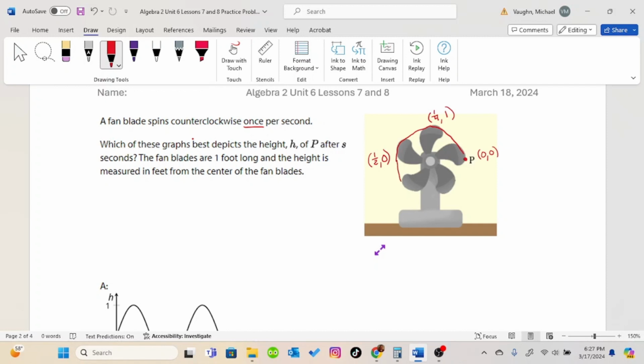Then we rotate down, and at 3/4 of a second, height is -1. And then it continues rotating until it's back to the starting point, where at 1 second, the height is 0.